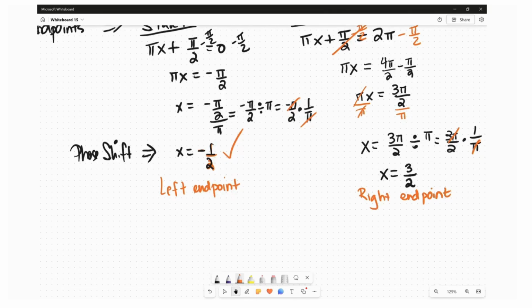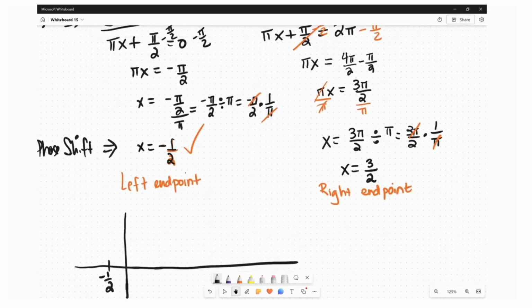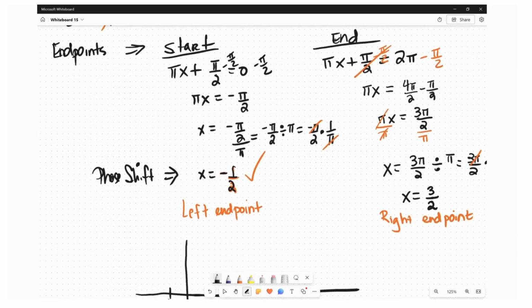Okay, let's see what else we can get out of this. All right, so let's attempt to graph. We're going to start at negative 1/2, that's over here somewhere. And then we got to figure out how to divide this by 4. What are we dividing to get the 4 equal parts?